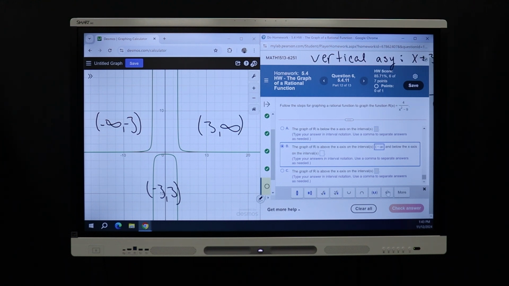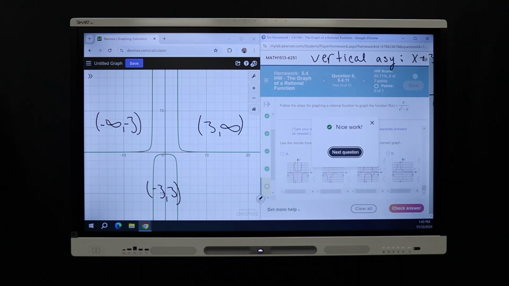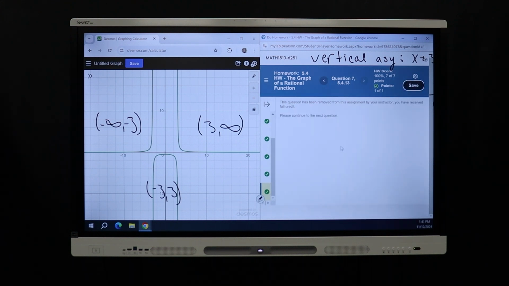Negative infinity to negative 3, comma, 3 to infinity. And then it was below on the interval negative 3 to 3. Which graph matches it? That's the opposite. This is it. And that is all, because this one had that synthetic division oblique asymptote, and we are not.